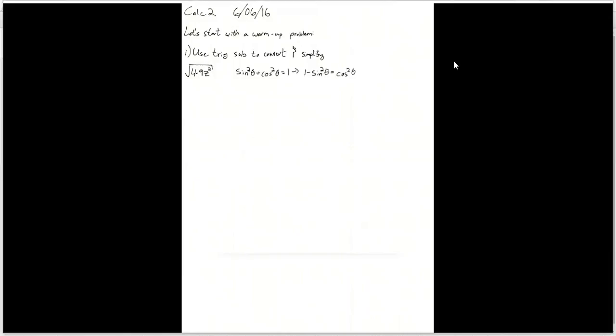And this starts to look like what we might have in the radical. We've got a constant term minus something that's squared. So we're going to figure out what we need z to be in order for the constants to be the same, to be able to apply our formula.